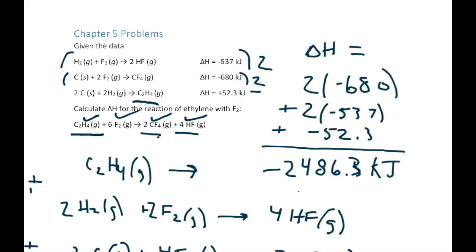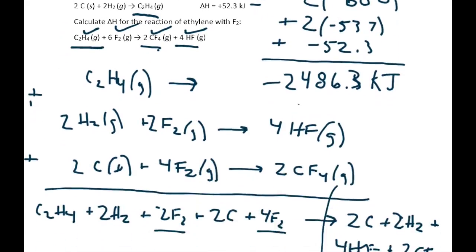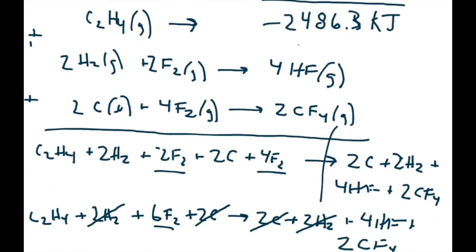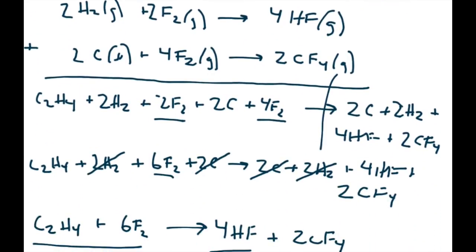But you want to keep in mind that the key takeaway is that you're going to eventually cross out things that appear on either side. So in the end, it doesn't matter whether you have a species listed multiple times, as long as they cross out to produce the overall reaction that you're trying to find, then that's okay.